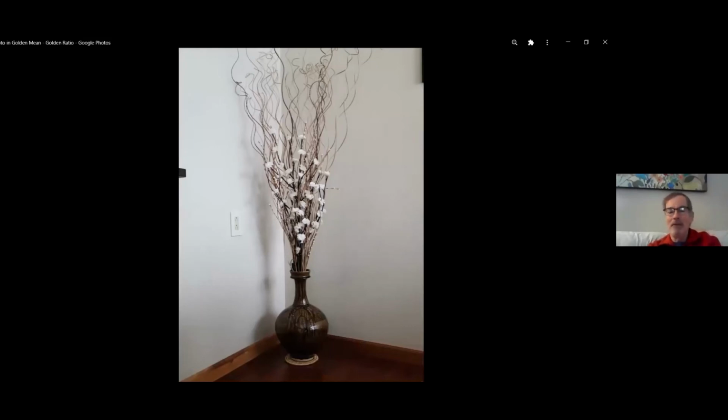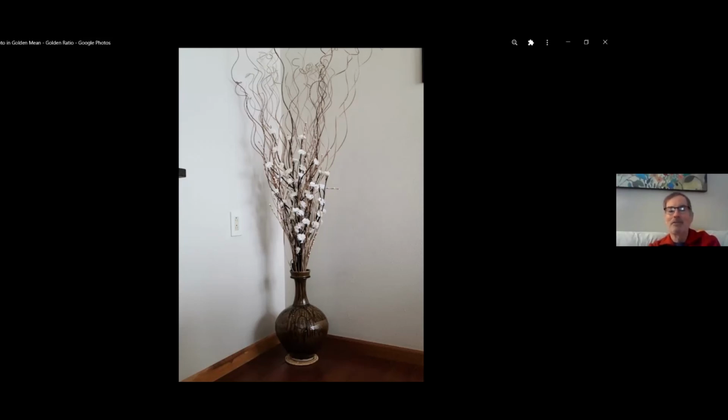And my wife just had this in the pot above it. And I said, well, I'm going to take a picture of that whole thing because it changes the pot when you do that. And it actually makes the pot fit nicer, I think.